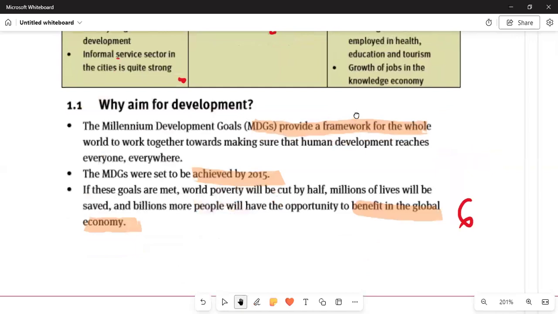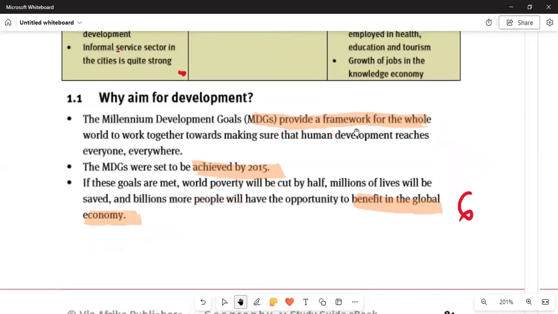If ever we are moving on again, we are to see that we have to understand now why aim for the development. So why we should aim as a country for the development collectively and individually. So we are saying that the Millennium Development Goals, which is known as the MDG, provide a framework for the whole world to work together towards making sure that human development reaches everyone and everywhere.